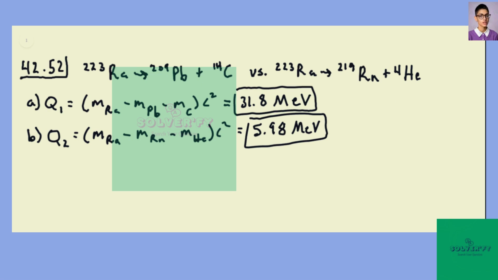So this also releases energy, although not as much as the carbon-14 decay, or the decay involving the carbon-14. We're not considering the fact that carbon-14 itself decays, which is used for radiocarbon dating.